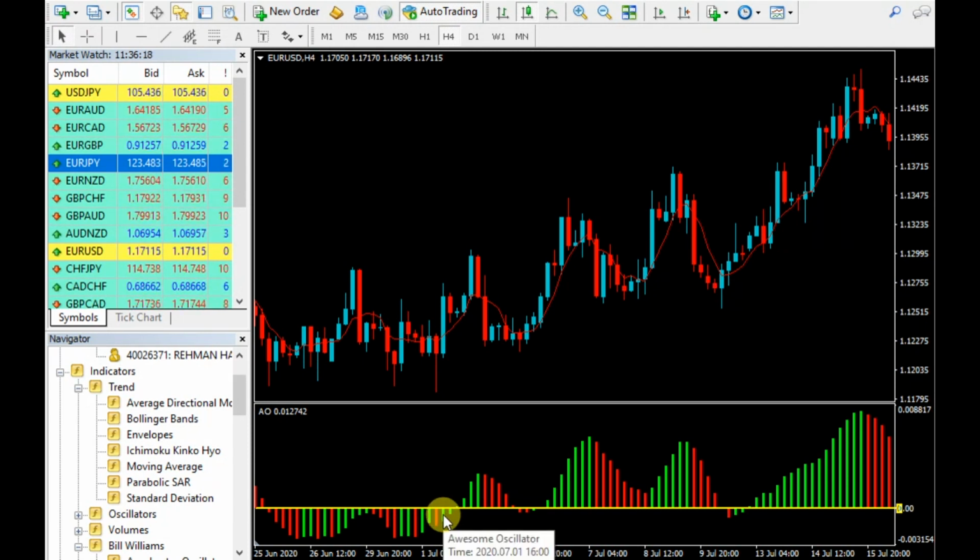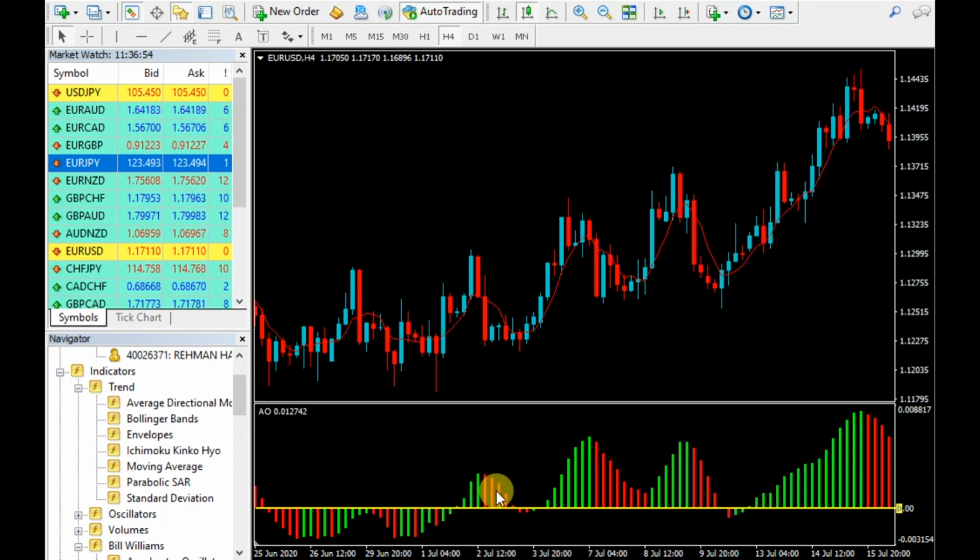So you will wait for the second green bar, okay, and then you get a small candle which is above 0, right? So as soon as you get this candle over here, you go long, okay. But what happens is, you start going long, you start going up, and then once you get this red candle over here, and then as soon as you get the second candle, you close your trade and you get out.